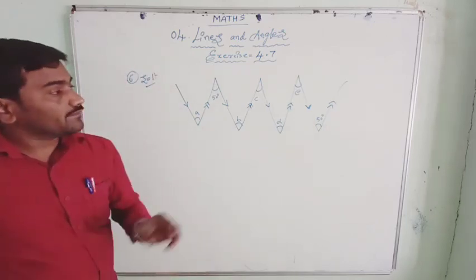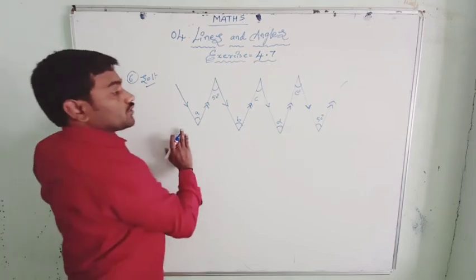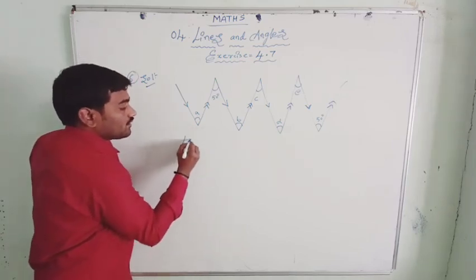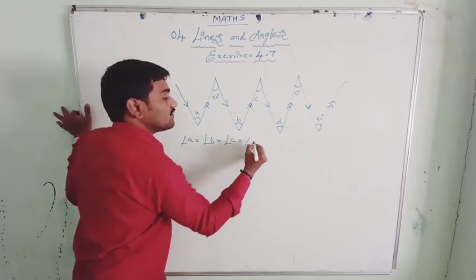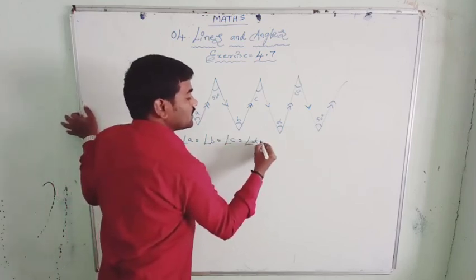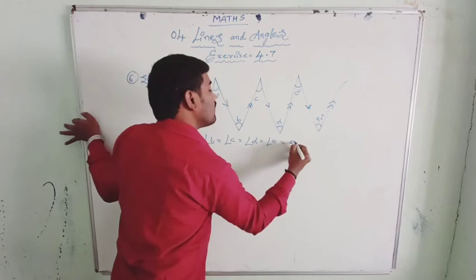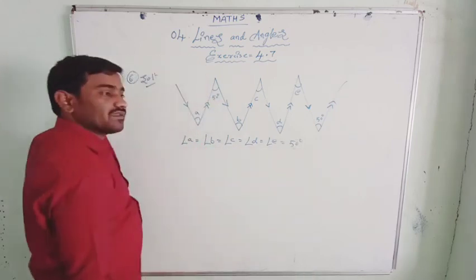So angle A is equal to angle B is equal to angle C is equal to angle D is equal to angle E, all 50 degrees only. Why?